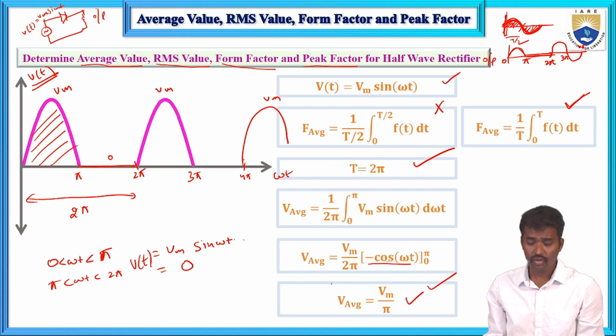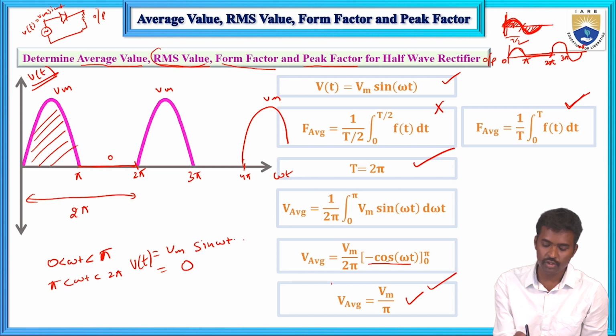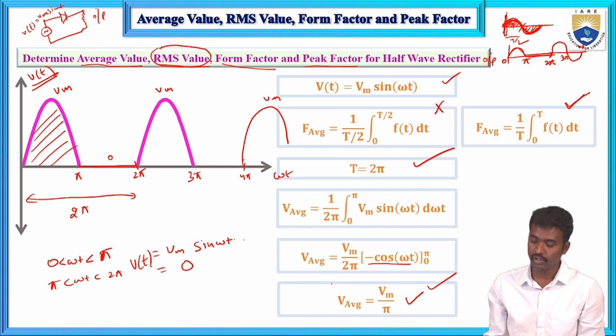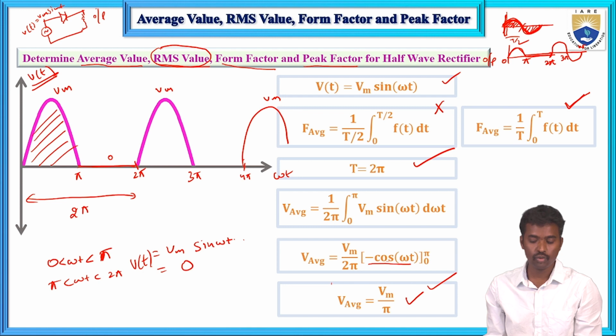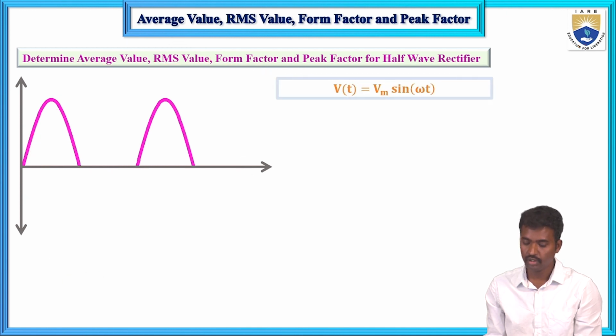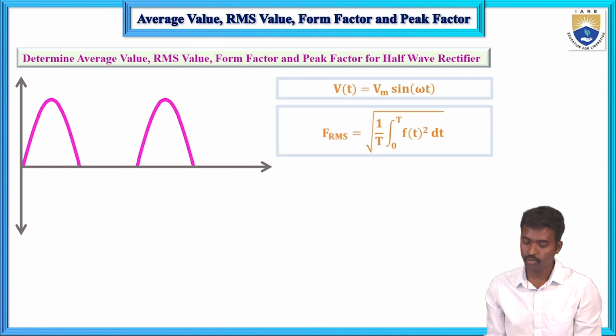Now the RMS value. For both symmetrical and asymmetrical waveforms, while calculating the RMS value, consider the complete full cycle. So the formula: V of t equals Vm sin omega t, and the RMS equals the square root of 1 by T, integral 0 to T of f of t squared dt.